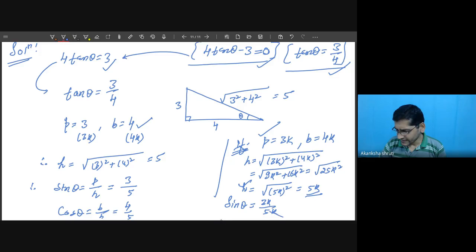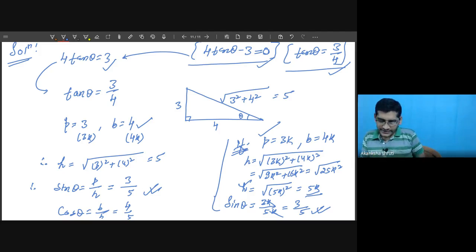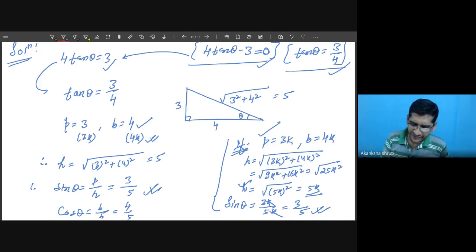You will get that the k are getting cancelled. So 3 by 5. Same as this one. So don't bother whether you are taking as 3k or 4k. You will get the same result. And both are acceptable. But if you are in the habit of taking the k, that gets a better impression.